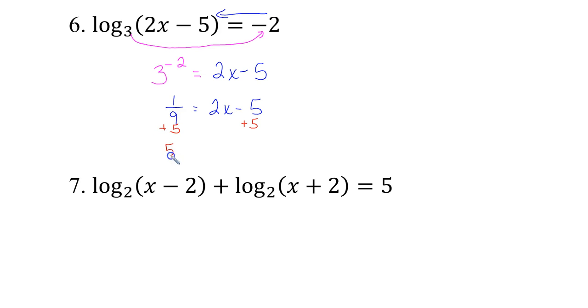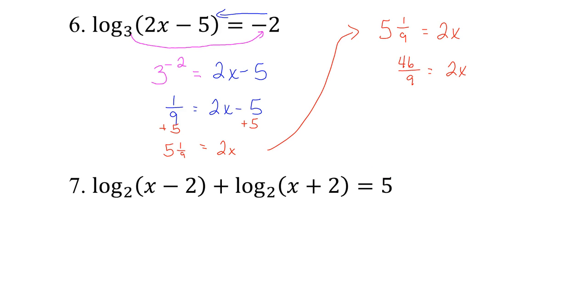This is going to become 5 and 1/9 is equal to 2x. Now I am going to come over here to give us a little bit more room. 5 and 1/9, we're going to rewrite, because we don't like the mixed number form, we're going to write this as an improper fraction. 5 times 9 is 45, plus 1 gives me 46/9 is equal to 2x.